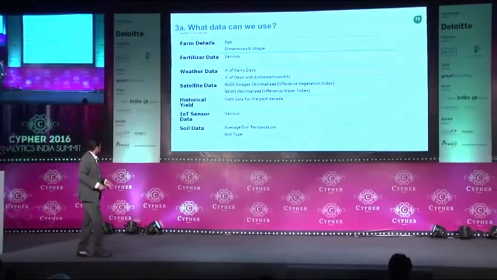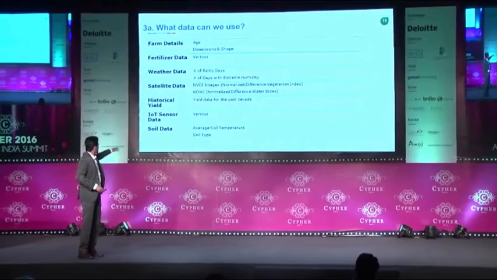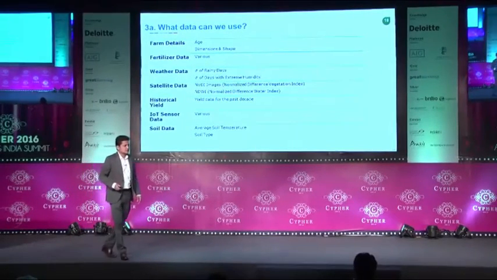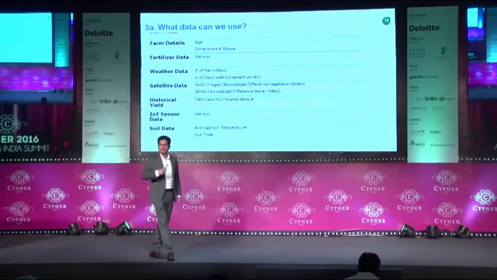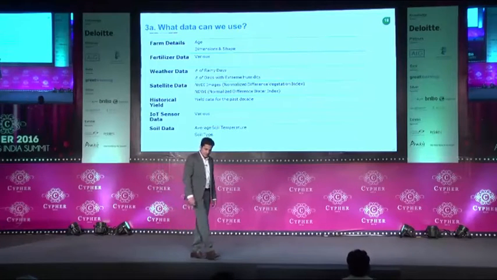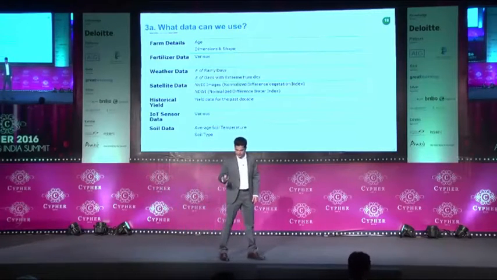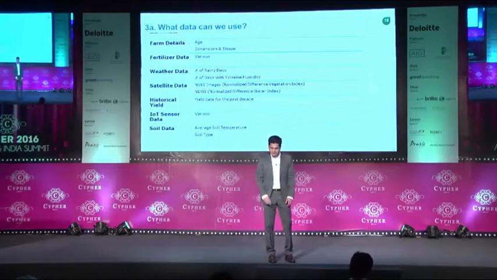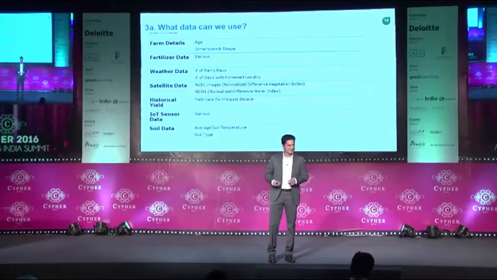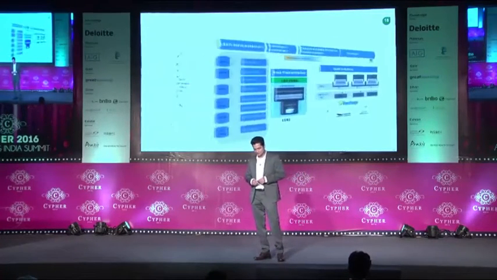The rest should be pretty common, like IoT sensor data. There are a lot of these things like tractors, and small sensors in every other square kilometer. We pick up all this information, including average temperature and hundreds of other things, right? Obviously, we have soil data, weather data, fertilizer data, and farm details. And there's obviously the usual suspect, as I said, one of the most relevant predictors of future yield is the past yield. So that's there as well.